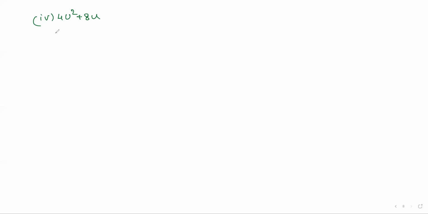You can directly take common. The common value from the two terms is 4u, times u plus 2. By equating them with 0, 4u is equal to 0 and u plus 2 is equal to 0. You get u is equal to 0 and u is equal to minus 2. These are the required zeros.